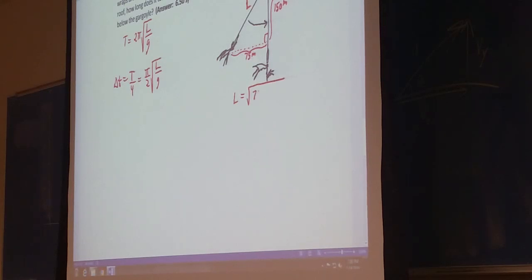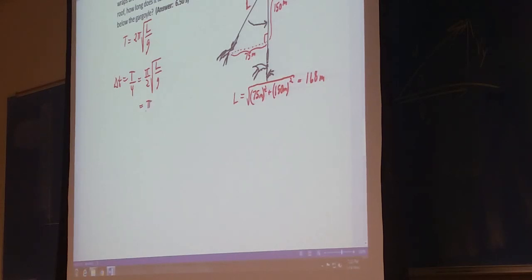So this is going to be the square root of 75 meters squared plus 150 meters squared, all to the 1/2 power. 75 squared plus 150 squared, that is 168 meters.